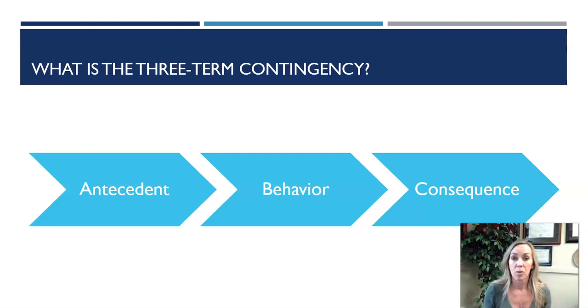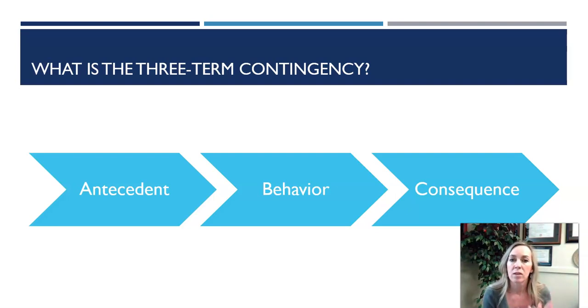But we know there could be a lot of different consequences to behavior, or there could be a lot of different behaviors that could manage to get them that same consequence. So you might be in the same cycle of trying to put every single interfering behavior under extinction. Well, with the three-term contingency, we also have to consider the A in ABC, which is antecedent.